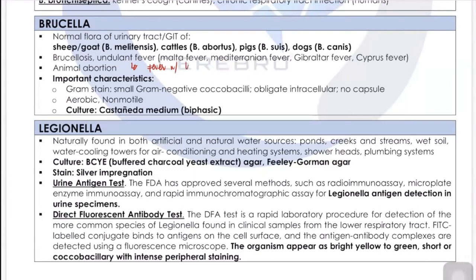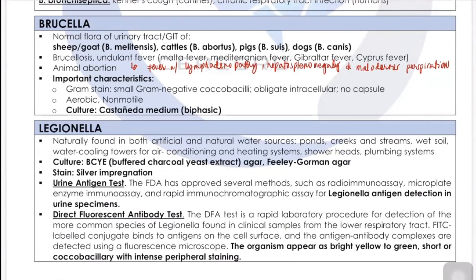Fever with lymphadenopathy, hepatosplenomegaly, and malodorous perspiration. Okay? So that is the hallmark, no? That is the hallmark of undulant fever or brucellosis.